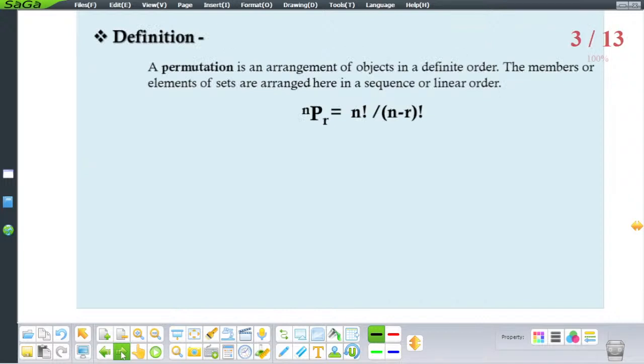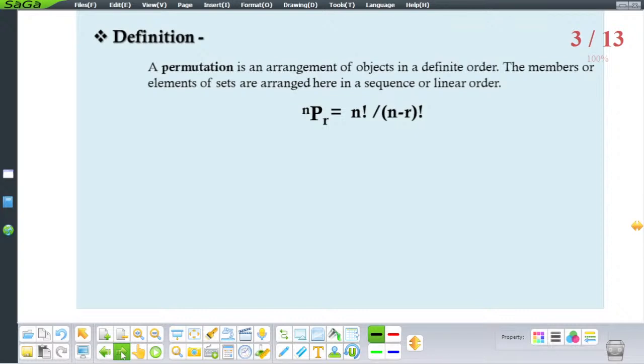In part 1 we saw the definition of permutation, and here we are going to repeat it. Permutation is nothing but making arrangements of objects in a definite order. The members or elements of a set are arranged in a sequence or linear order.